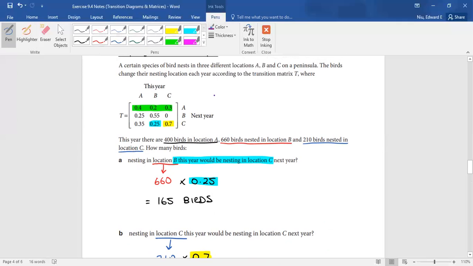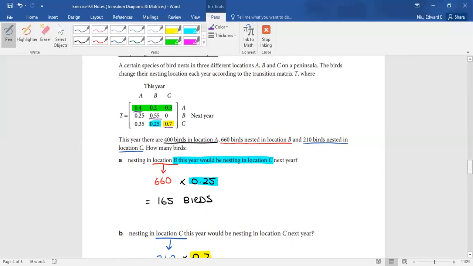Let's use purple. All right, so this diagonal here will tell us the percentage of the birds that's going to stay put in their location, because that's 40% is going to stay in A, 55% is going to stay back in B, 70% will stay back in C.